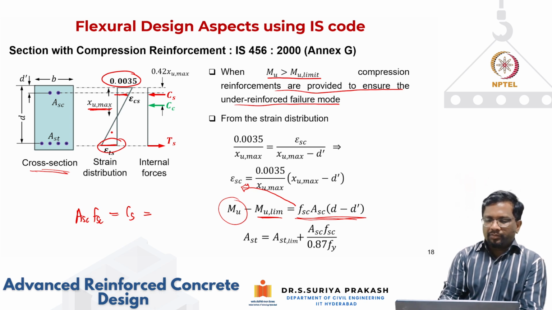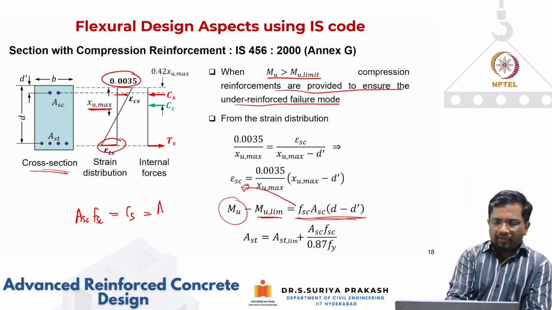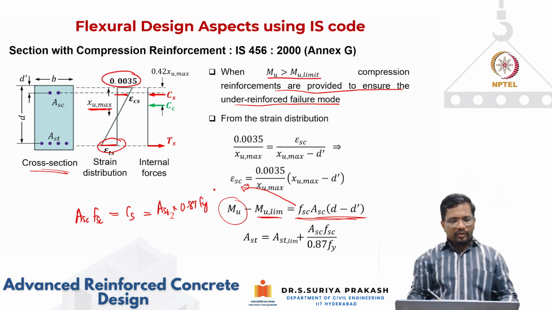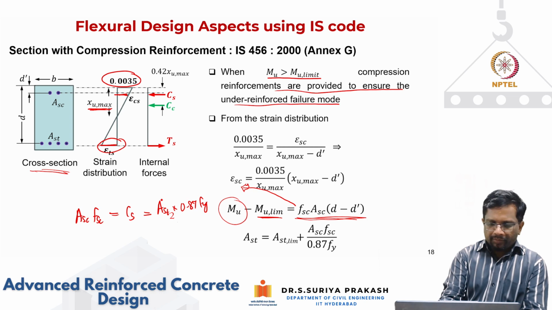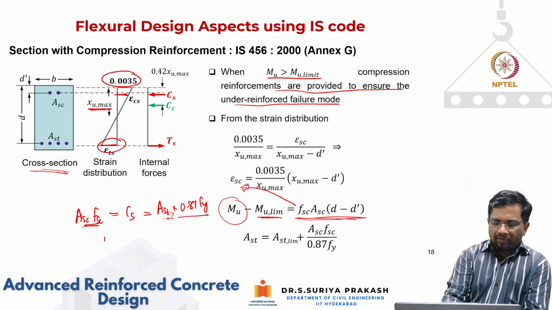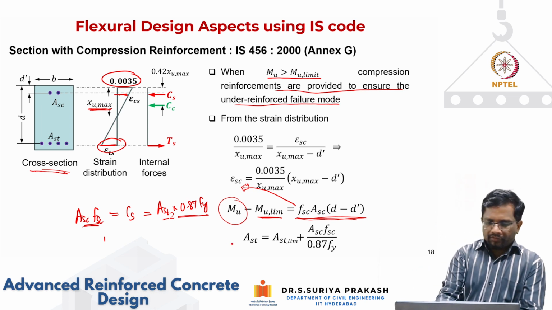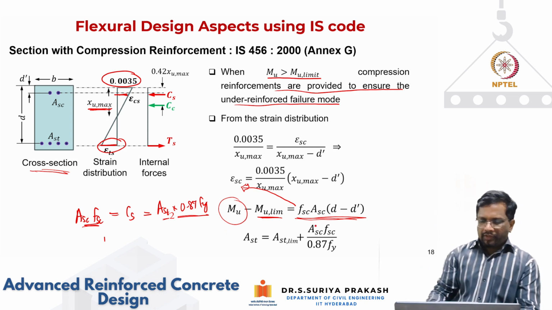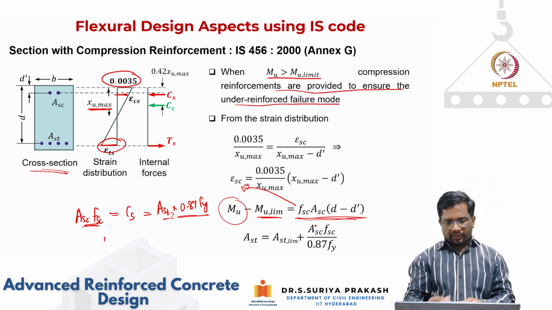So that should be equal to my Ast2 times 0.87 fy. Or in other words, what would be your additional tension steel? Now this is your additional steel that I'm going to put. So if you substitute that, this will be your force contribution, right? So from here we can get the additional steel that I need to put on the tension side.